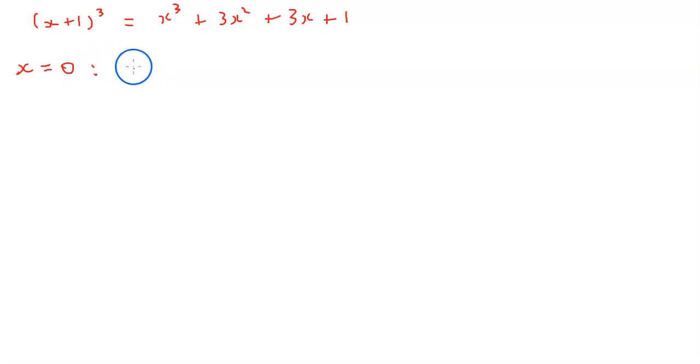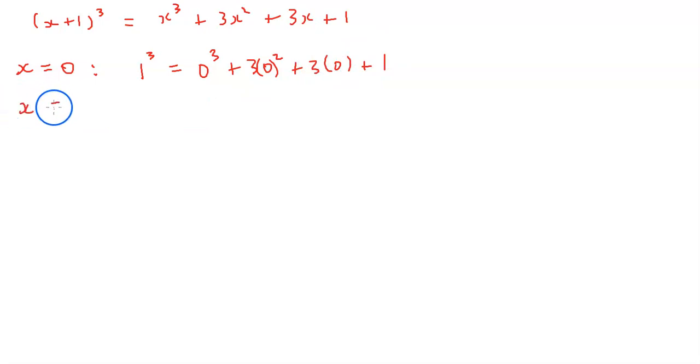Okay, so x plus 1 cubed, as we already know, is x cubed plus 3x squared plus 3x plus 1. And then let's write a little column here. So firstly, we'll use x. So x equals 0. That gives us 0 plus 1 cubed. So 1 cubed is equal to 0 cubed plus 3 times 0 squared plus 3 times 0 plus 1.